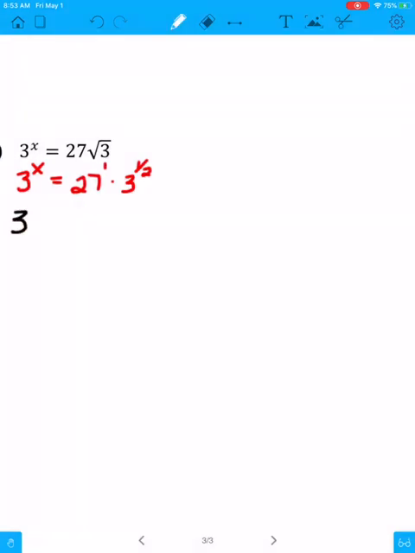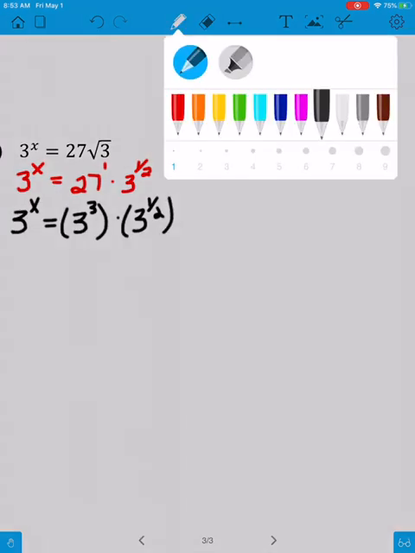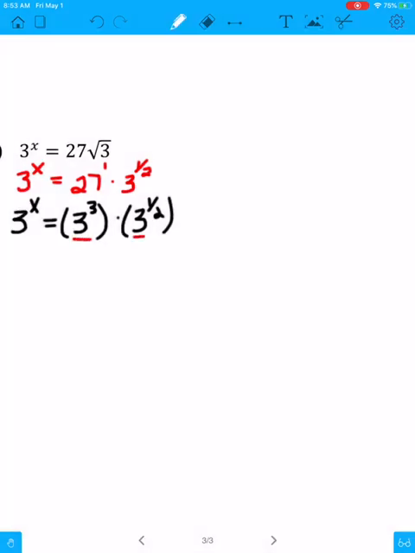So I'm going to go 3 to the x equals 3 to the 3 times 3 to the half. Now I have the same base on this side, so I'm going to have to add those exponents. I'm not going to get 3 halves, I have to add them.